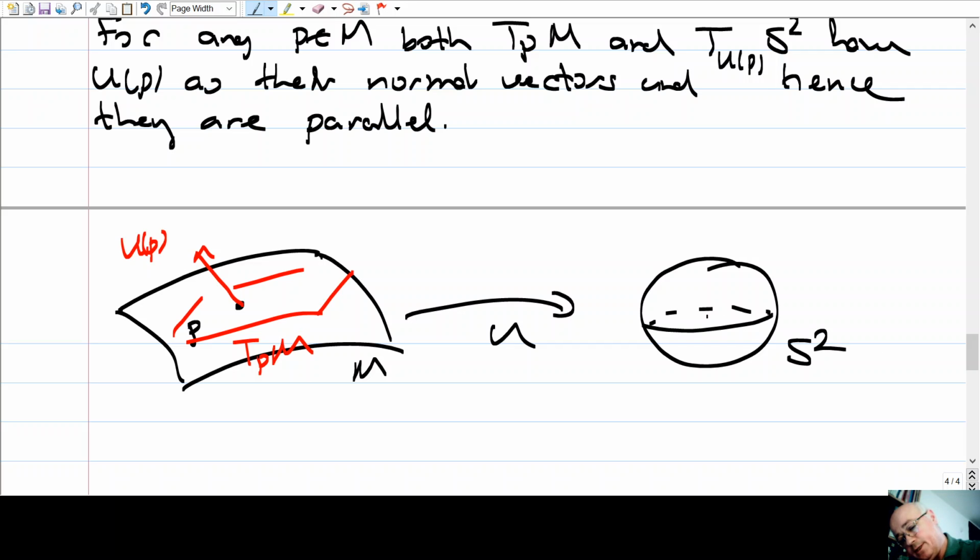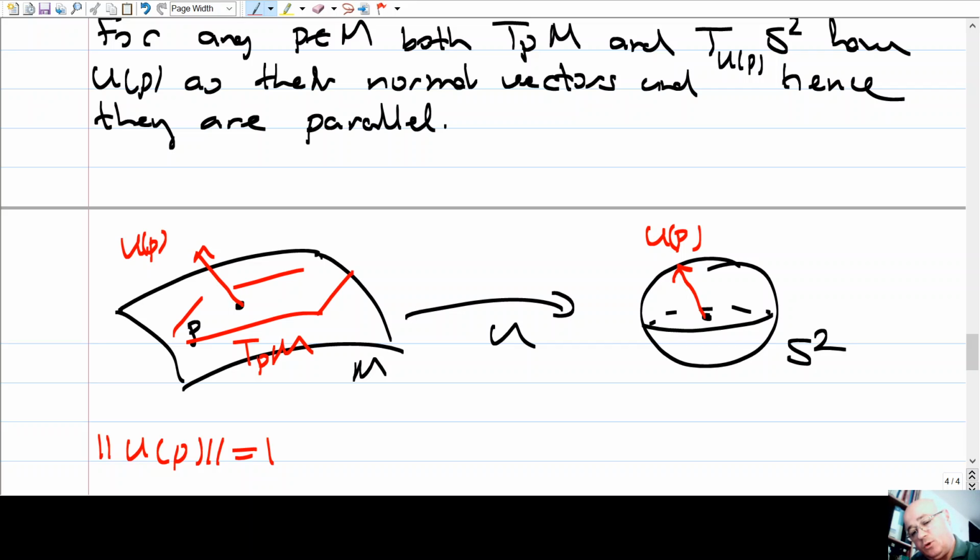Since U_P is a unit vector, I can regard U_P as a point on the sphere.